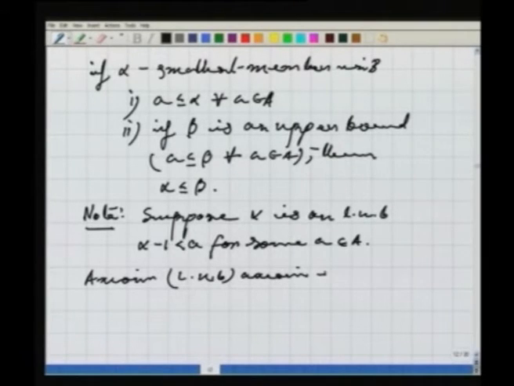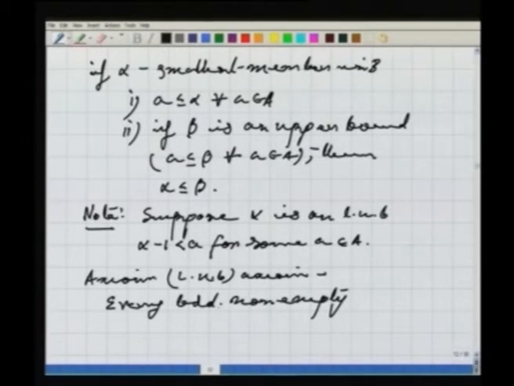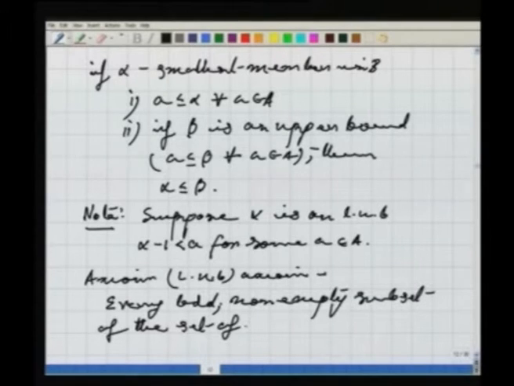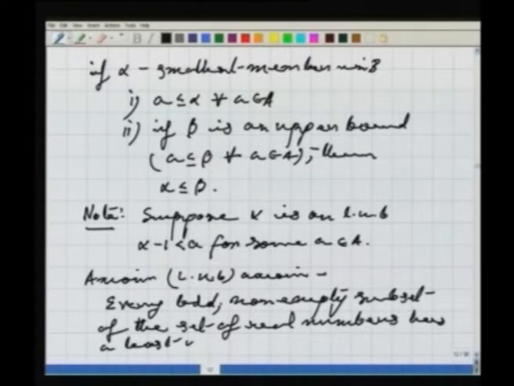It says that every bounded non-empty subset of the set of real numbers has a least upper bound.